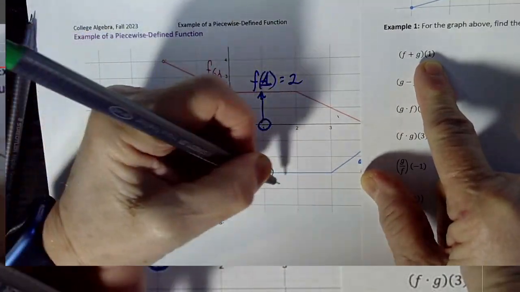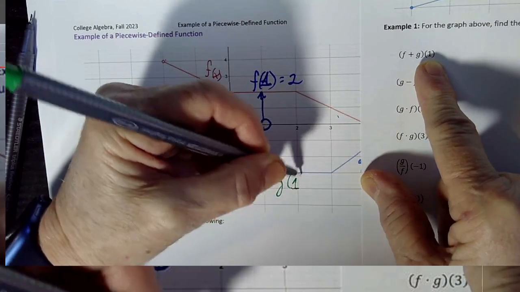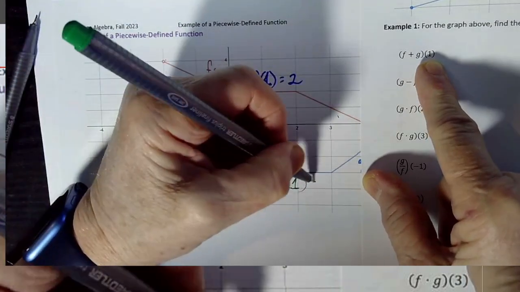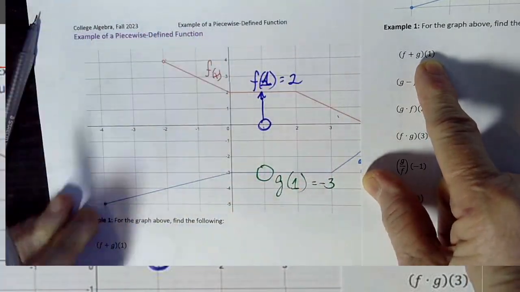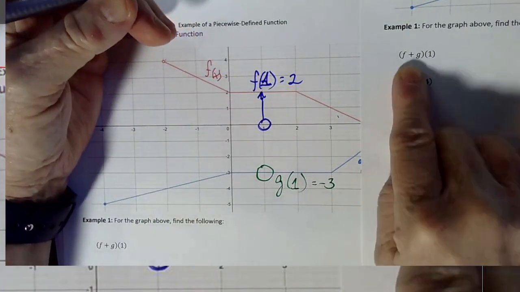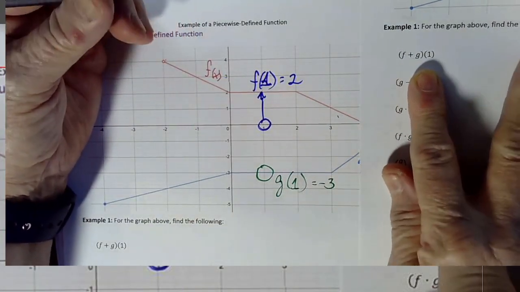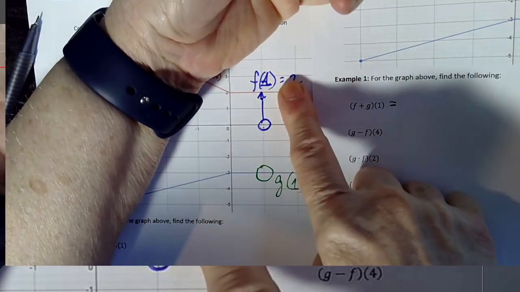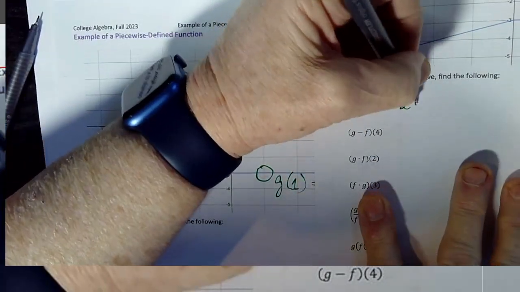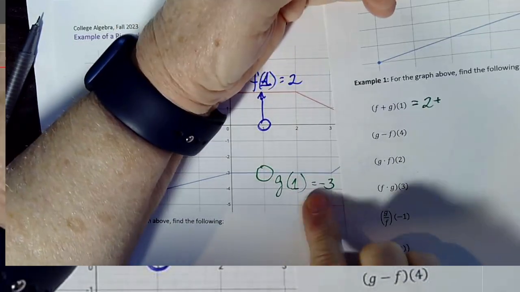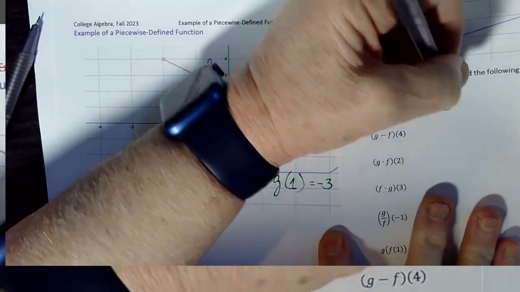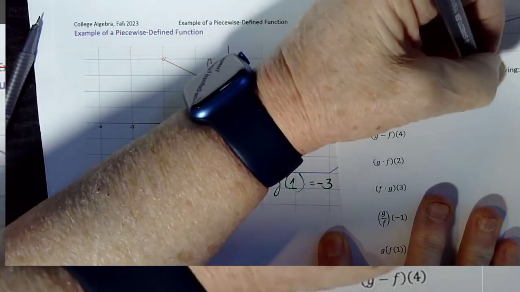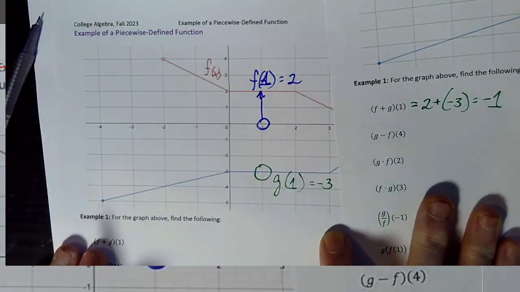G of 1, well, that's -3. So f plus g of 1 is going to be 2 plus -3. So we get -1.